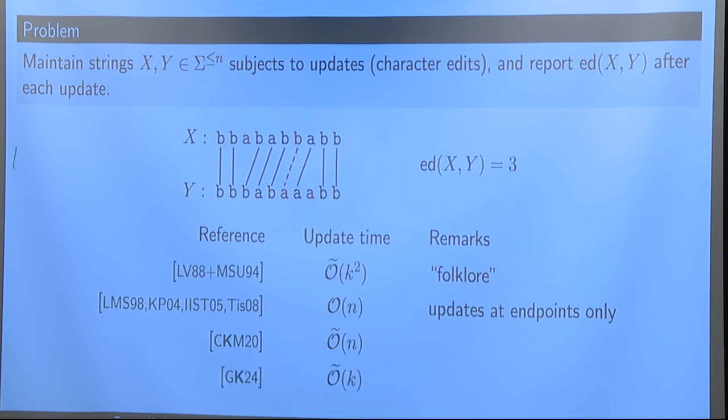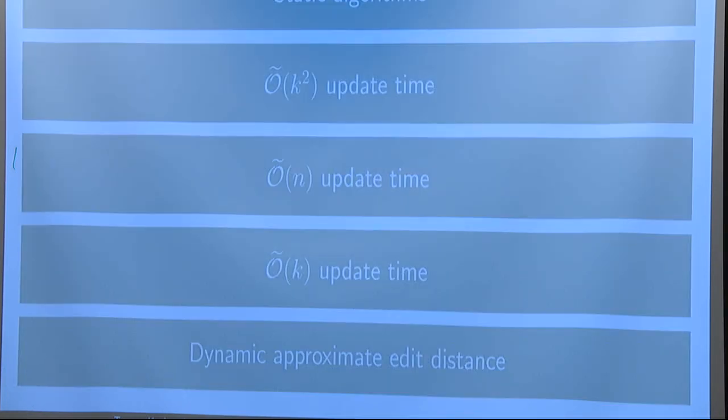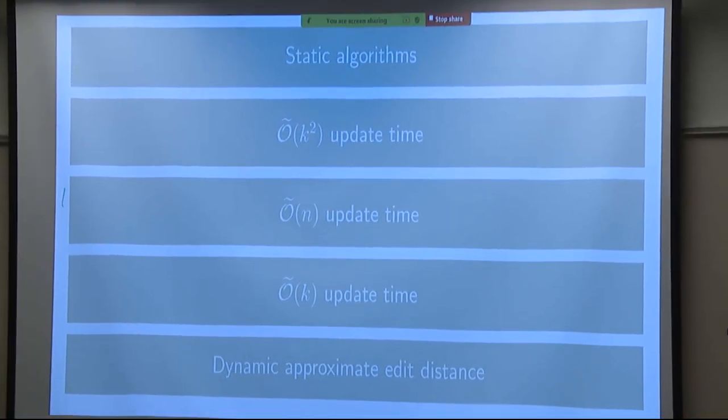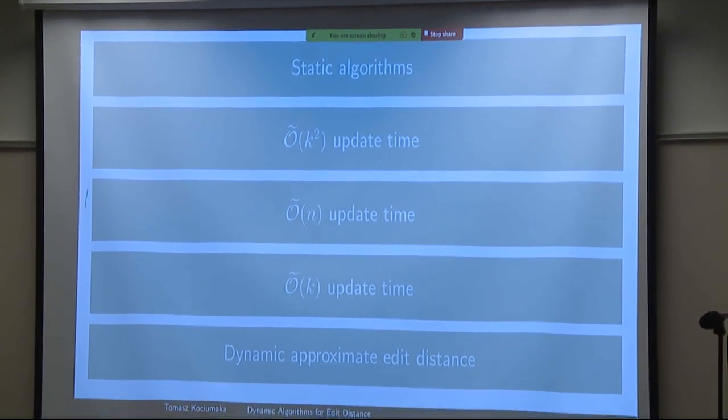And the more recent result that I put on arXiv last month with Yegor Gorbachev, a student at MPI, showed that the update time can be decreased from linear in n to linear in the distance k. Today I will first cover the standard static algorithms, mostly to set up some notation and terminology.